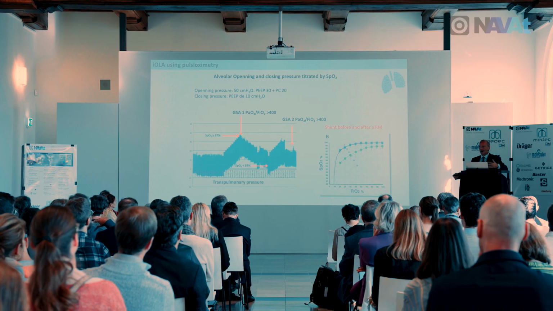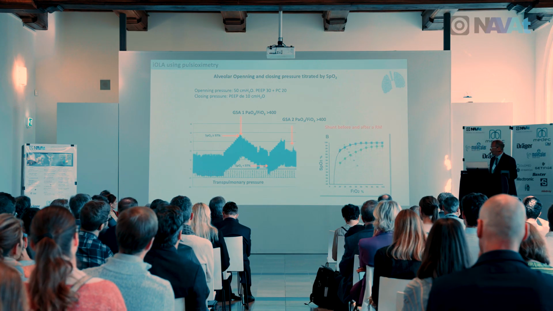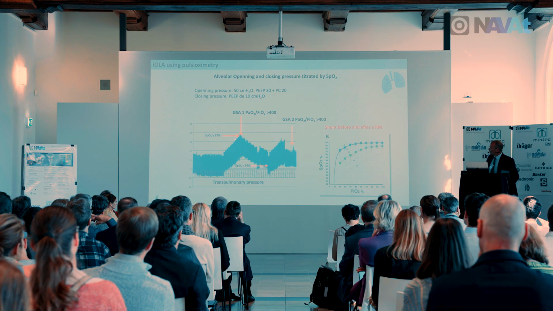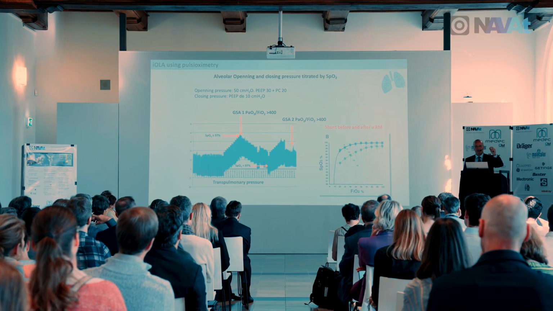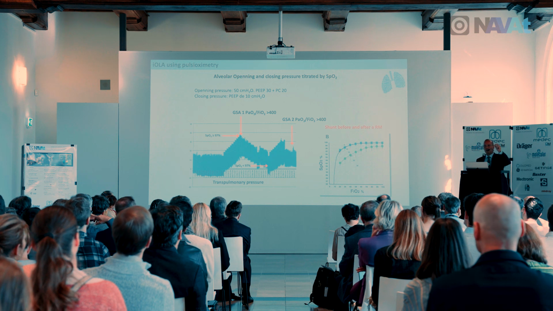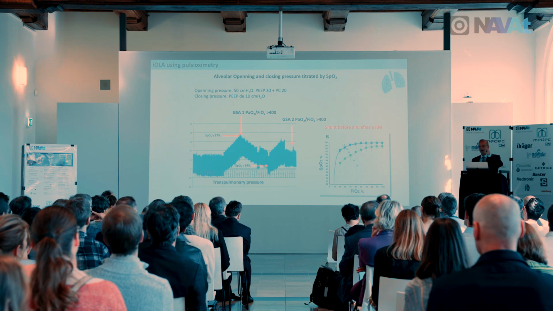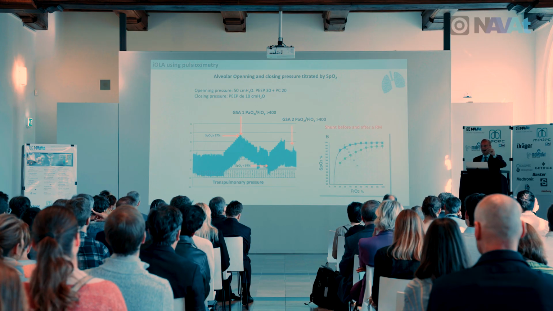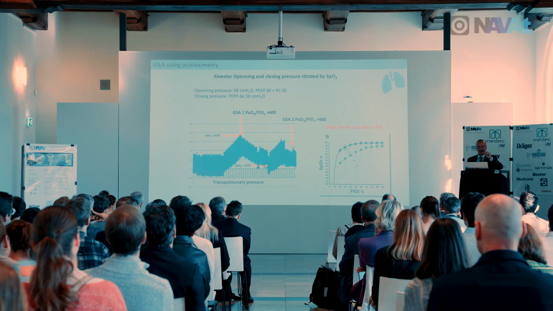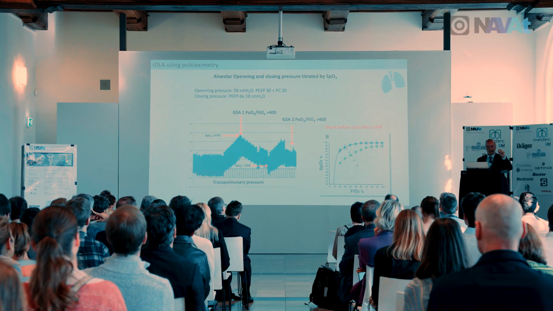In laparoscopic surgery patients, we need higher pressures. But using the SpO2, which means recruiting the lung while using 21% of FiO2, the SpO2 helped us to monitor when the lung was opened with the same diagram that we were using.